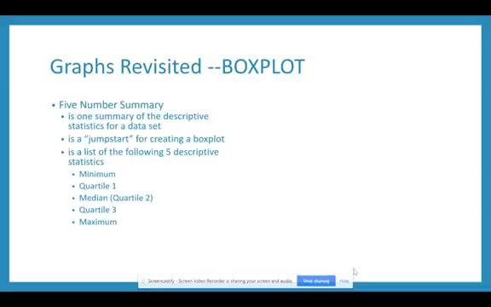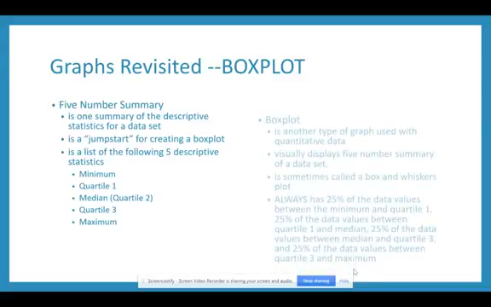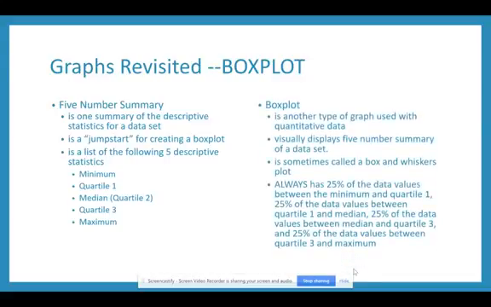That's your 5-number summary. Anytime you're asked for the 5-number summary, you should give the minimum, quartile 1, median, quartile 3, and the maximum. Those numbers can be displayed on a number line, and that creates a visual display called a box plot, or sometimes it's called a box and whisker plot.